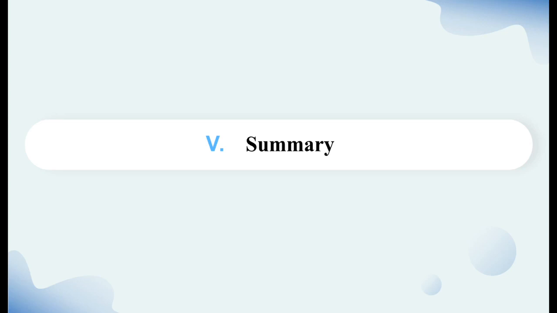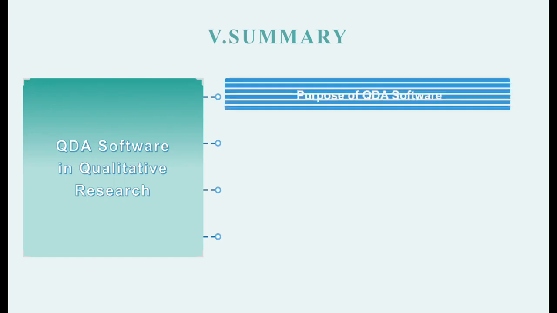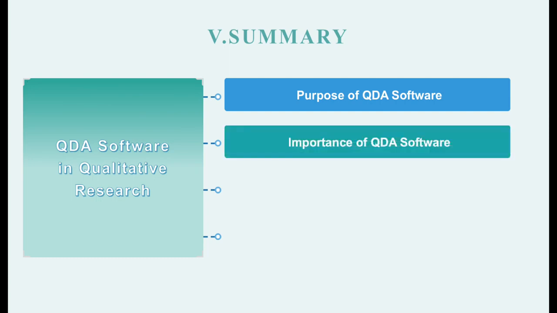5. Summary. Let's revisit the key points we've covered today. 1. Purpose. We talked about how QDA software helps us sort and look at our data clearly. 2. Importance.